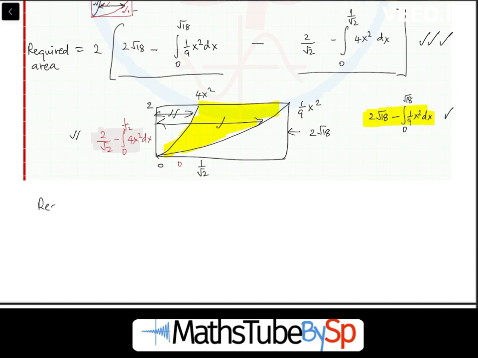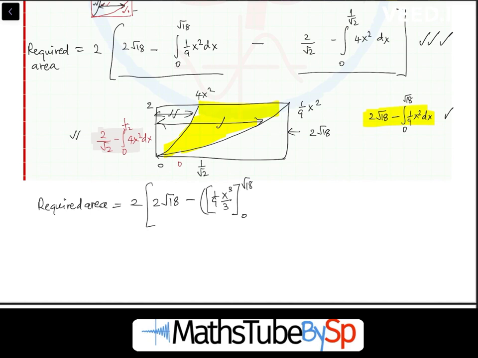So required area is equal to twice, let's leave the brackets, 2 root 18, and this is minus, this one is 1 on 9 x cubed divided by 3 from the bounds 0 to, sorry, it's not 1 on root 2, it's root 18.